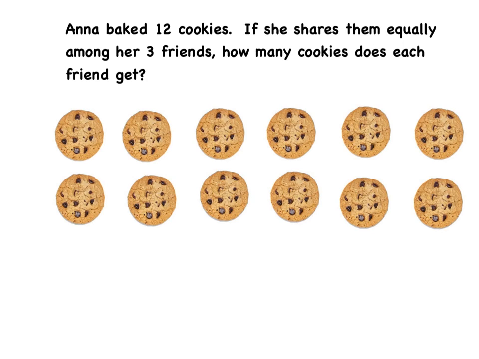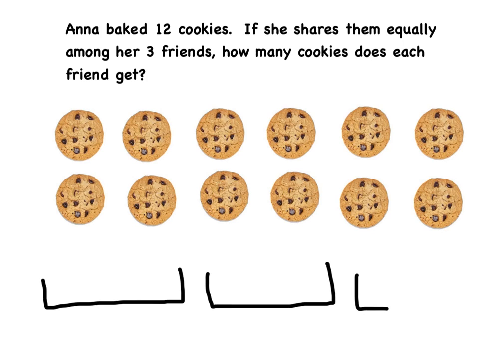What always helps me think about this kind of problem, because I need to share them equally with her 3 friends, is that I'm going to draw a little space that's going to represent each of her 3 friends. And then I'm going to distribute or share each of the cookies among her 3 friends.